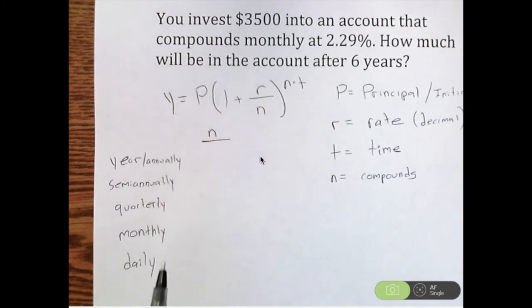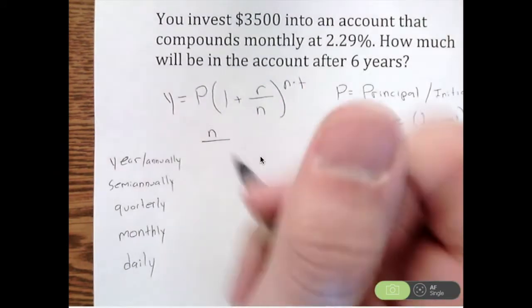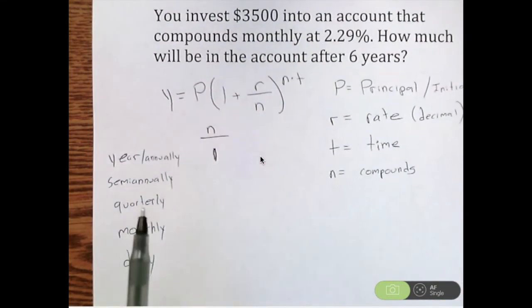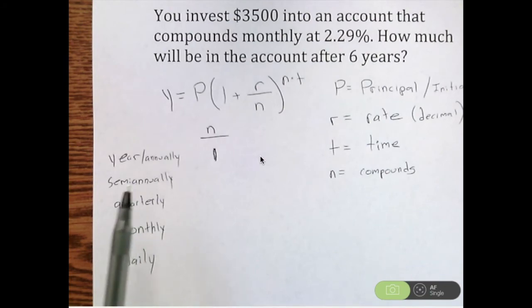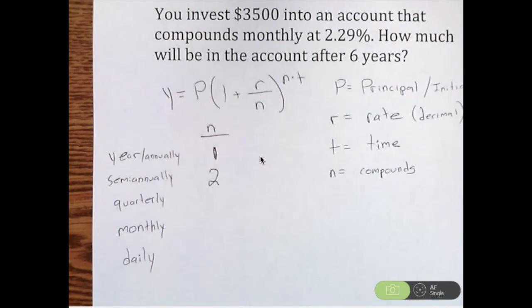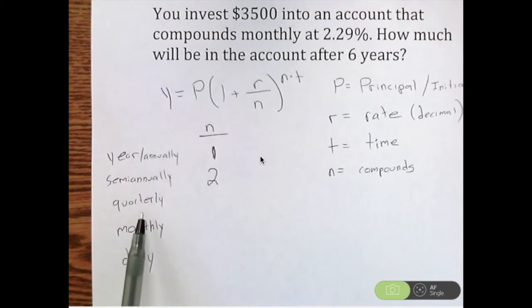So what you're looking for is, if each of these happen, how many times does that happen a year? If something happens annually, so prom for students happens one time a year, it's an annual thing. That tells you that N is 1. If something is semi-annually, and again, this goes back to your vocab strengths or weaknesses, semi being 2, that's twice a year. Quarterly, you could think of sports.